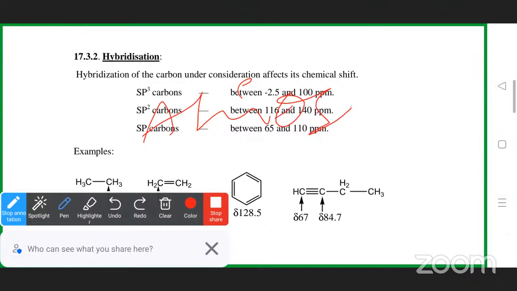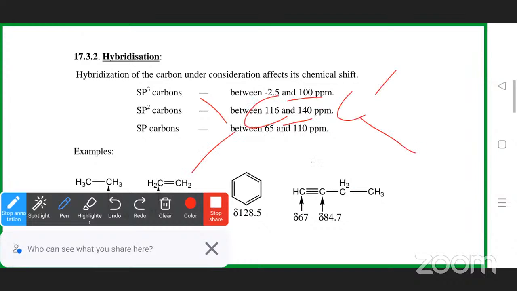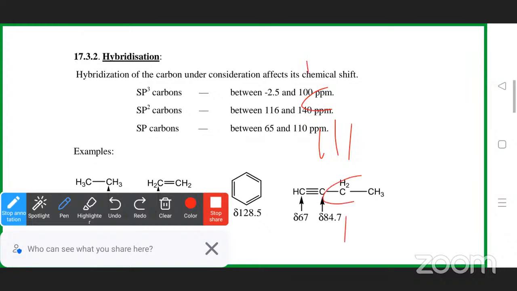The anisotropic effect of the varieties of alkene. This carbon falls in the diamagnetic region, and the olefin carbon falls in the diamagnetic region, and the alkene carbon falls in the paramagnetic region.